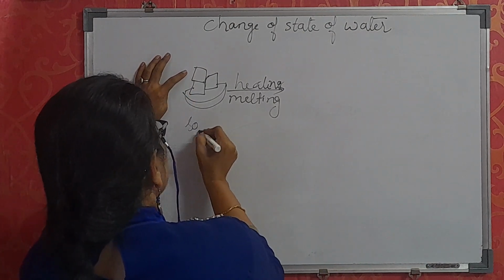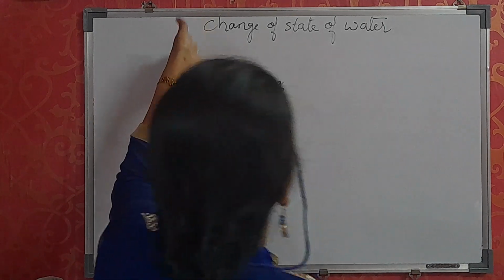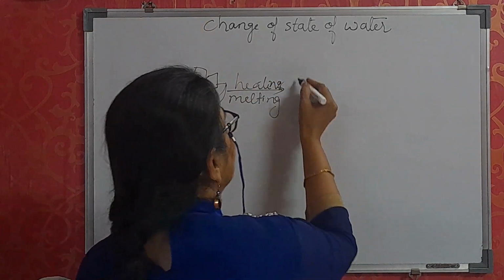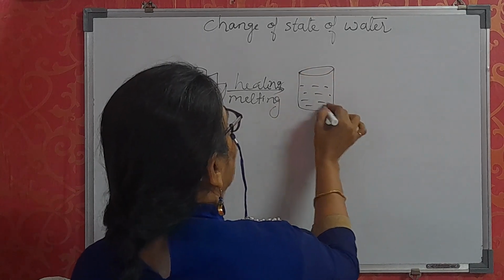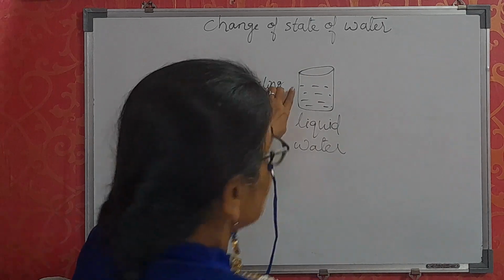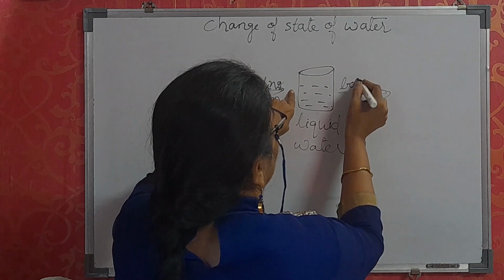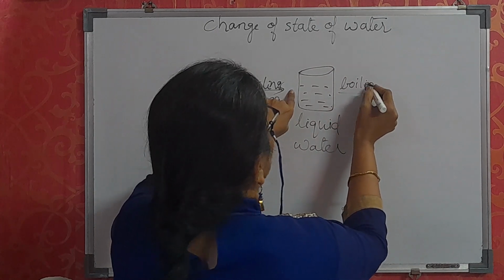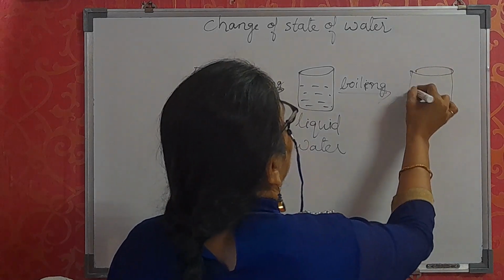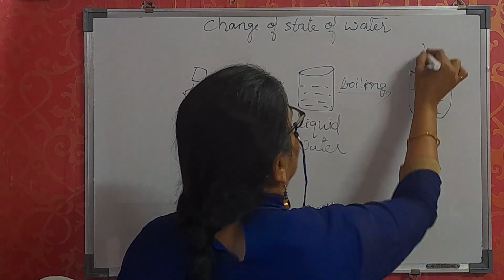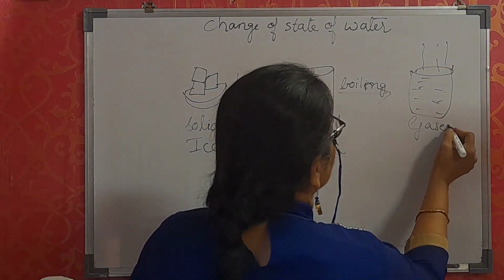So the state is solid, and the example is ice. After heating or melting, it will turn to water. Now this water, when I boil it, water vapor will come out. So this is nothing but gas.